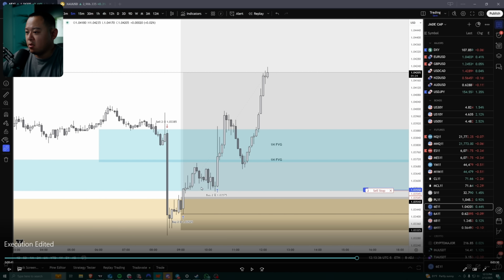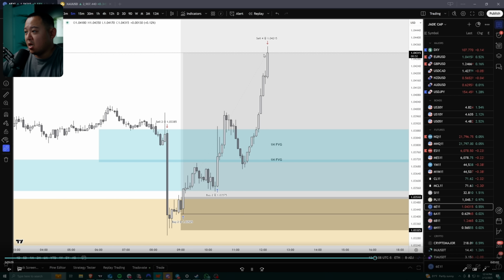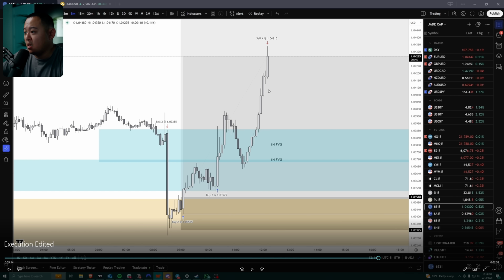So again, right, both of these positions are running very nicely in profit. So there you guys can see me scale out the full position. And look at the time aspect of it. We're a little bit past noon. So I'm taking into account, right, a lot of time of day.